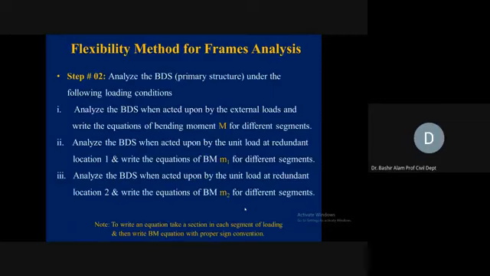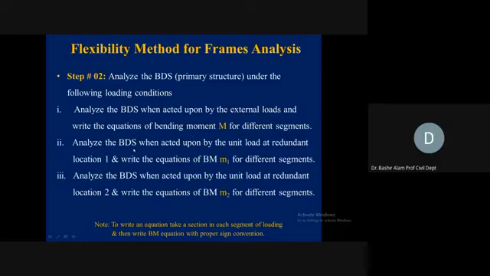Step number 2 is starting: analyze the basic determinate primary structure under the following load conditions. First, we need to find the capital M values, and for that we need to analyze this basic determinate structure acted upon by the external loads and write the equations of bending moment capital M for different segments.